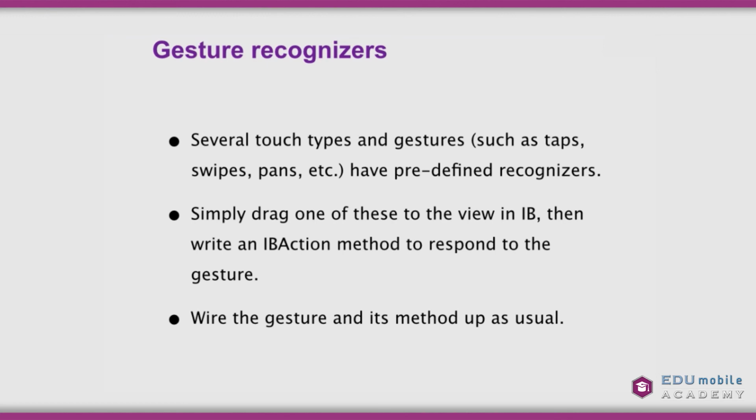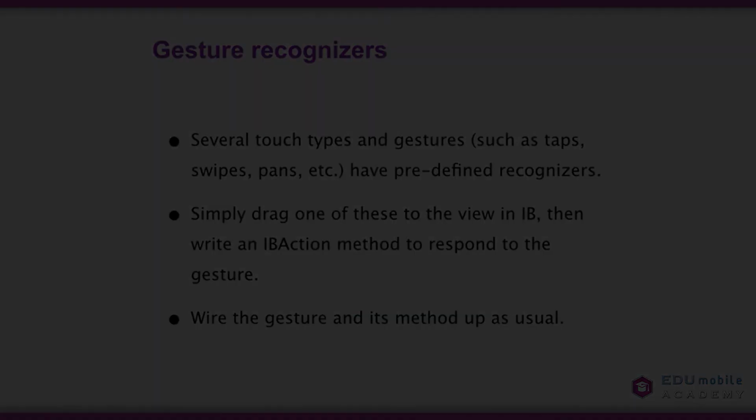We simply drag one of these gesture recognizers into the view in Interface Builder, and then we write an IBAction method in the view controller to respond to that gesture. Finally we wire the gesture up with its IBAction method, and then our app will respond to these so-called pre-canned gestures. Thank you very much.